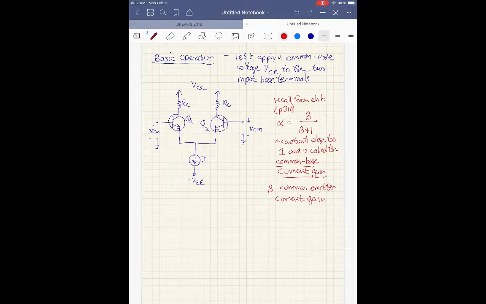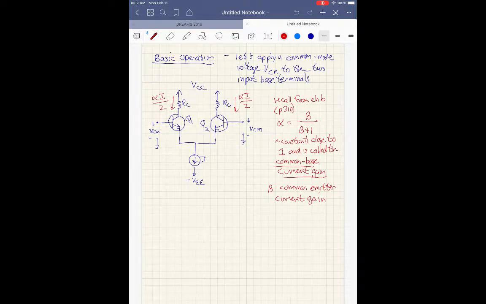We can define, and again, this is stuff you covered last semester, our currents here: alpha I over 2 for both of our collector currents.